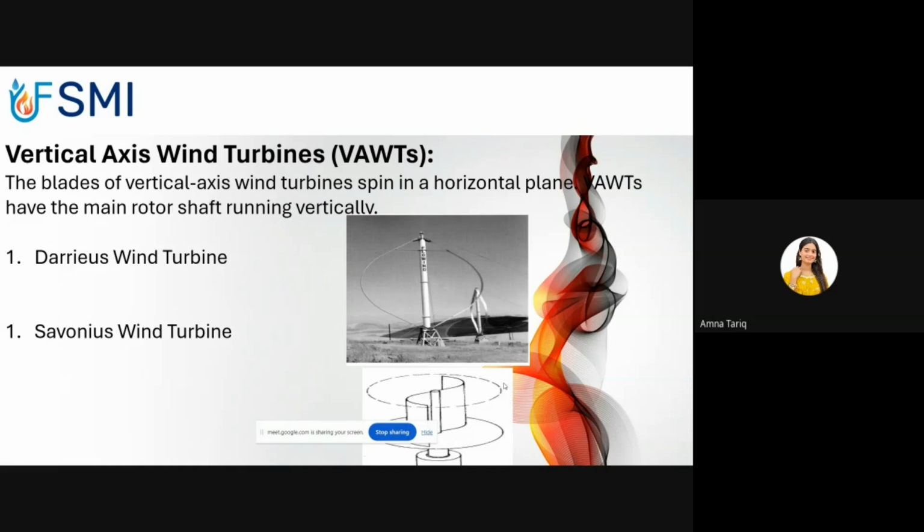This drag type vertical axis wind turbine turns relatively slowly, but it has high torque because the scoops experience less drag when moving against the wind. The differential drag causes the Savonius turbine to spin. Most of the swept area of the Savonius turbine is near the ground, therefore the overall energy extraction efficiency is low. This efficiency is lower than the Darrieus wind turbine.